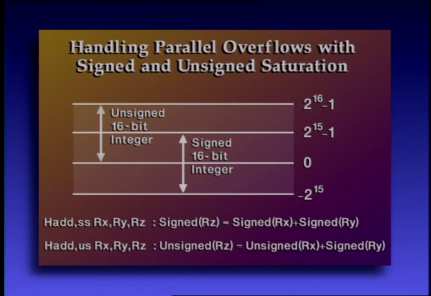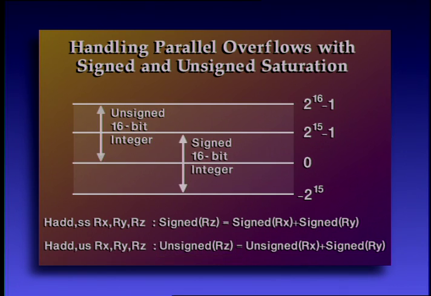Unsigned saturation would normally be defined as taking 2 unsigned operands and producing an unsigned result. However, we found that with 16-bit operations, this is rarely useful. So what we have defined is a sort of mixed unsigned saturation, where one operand is unsigned, the other is signed, and the result is unsigned.